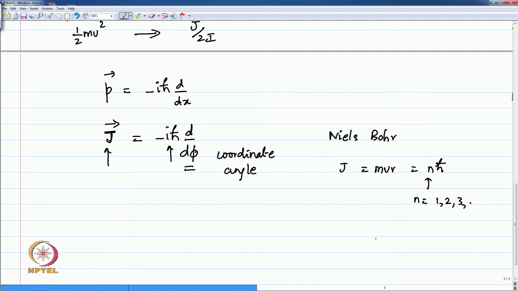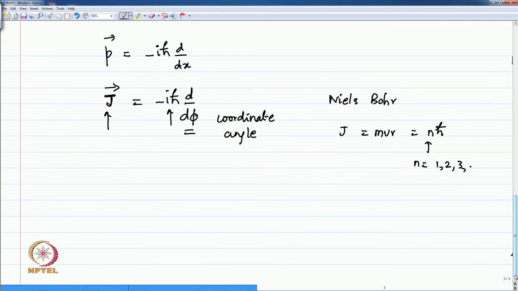However, we will see that n can actually take a value of 0, which means that the particle does not have any angular momentum. It is stationary, but we can't find out where it is. We will see those things in a few minutes.